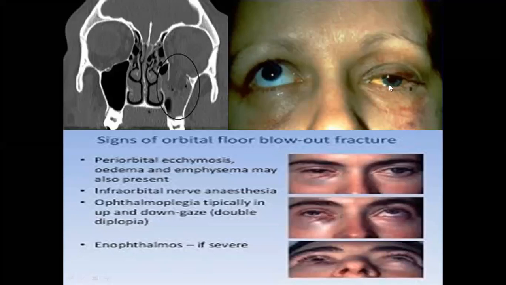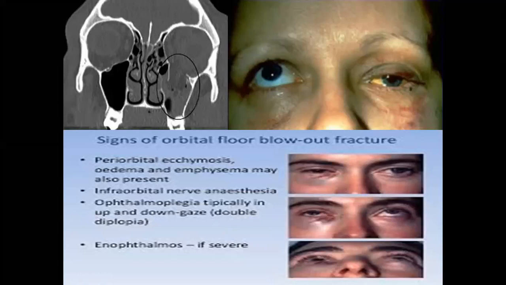So enophthalmos and ophthalmoplegia. Ophthalmoplegia means that in this blowout fracture, the inferior rectus muscle is trapped down, and it will not allow movement. What is the function of the inferior rectus? It pulls the eyeball down. What is the function of the superior rectus?